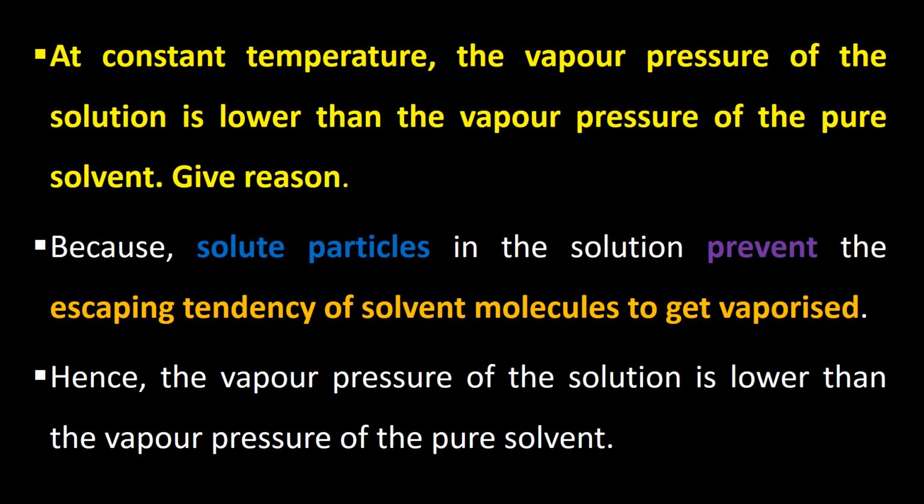Hence, the vapor pressure of the solution is lower than the vapor pressure of the pure solvent. That means the presence of solute particles hinders the escaping nature of solvent molecules to get vaporized. Hence, the vapor pressure of the solution is always lower than that of the pure solvent.